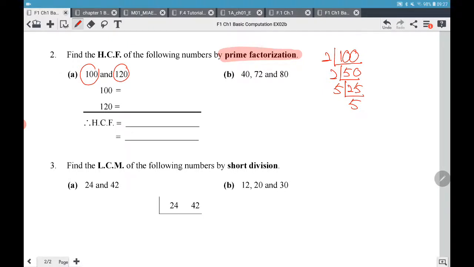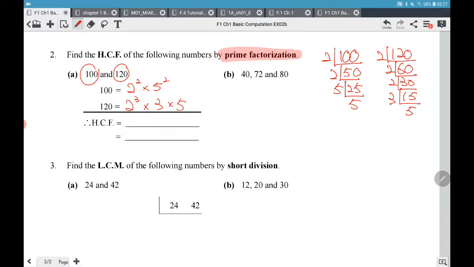And therefore 100 should be equal to 2 squared times 5 squared. And then we do the same thing, short division again for 120, and we find that 120 is 2 to the power 3 times 3 times 5.